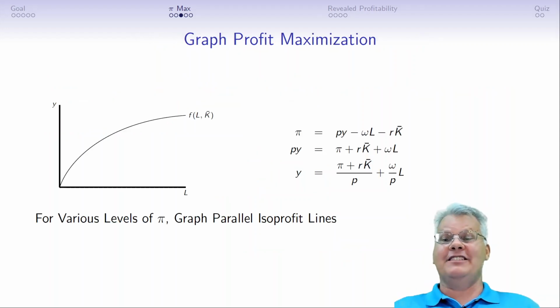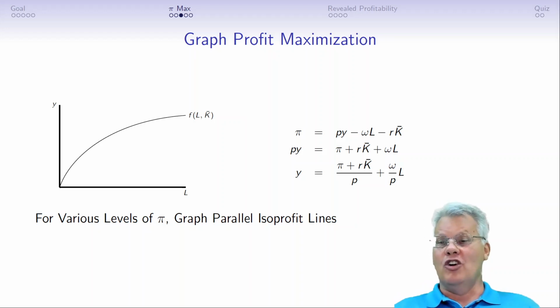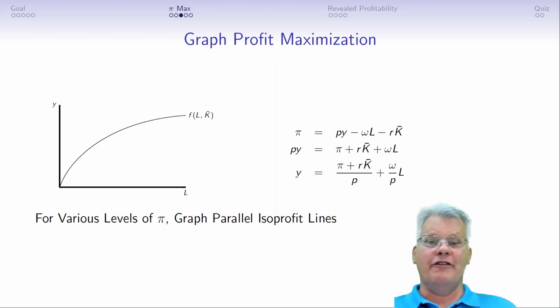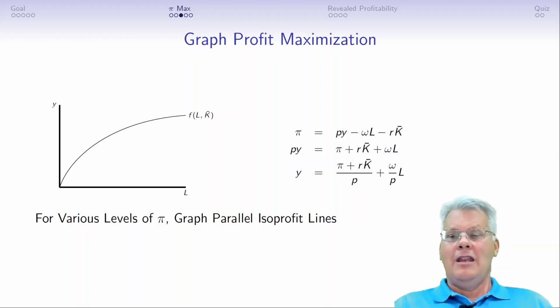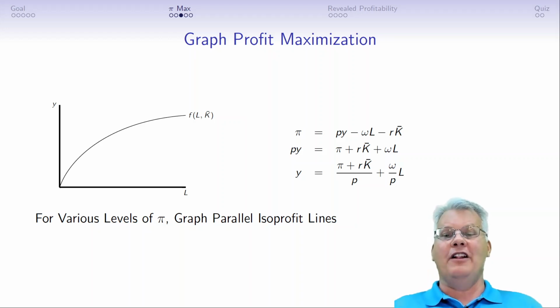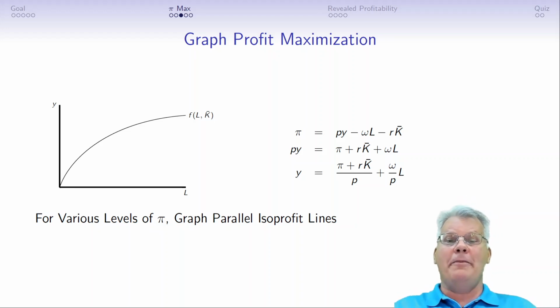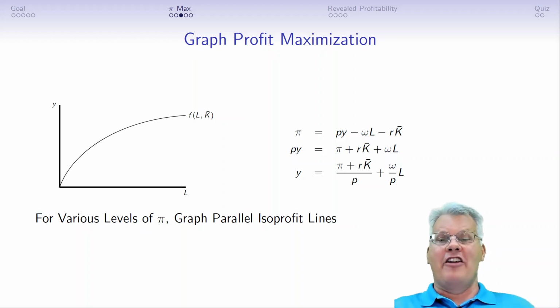We could graph this, right? We have the quantity of labor on the horizontal axis and the level of output on the vertical axis, and we can plot our production function. Now, Varian defines what he calls an isoprofit line. Iso meaning same. These would be different combinations of input and output that generate the same amount of profit.